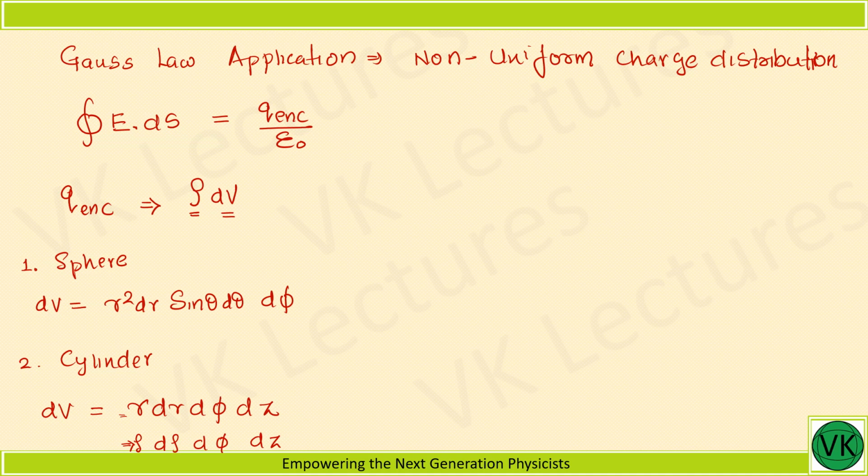Now similarly, as we have proceeded with uniform charge distribution, if we are finding the electric field outside, then for finding q enclosed, your integral limits are from 0 to capital R, or you need to write body limits.